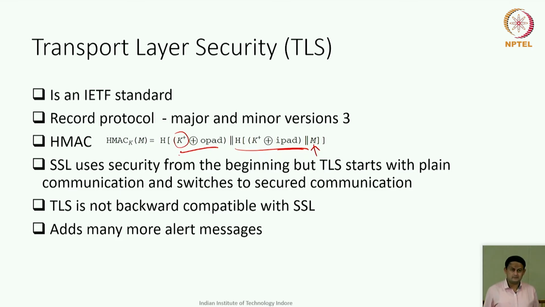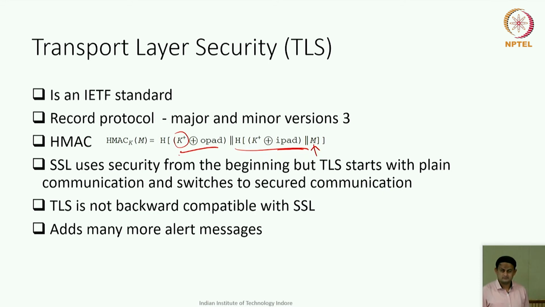TLS is not backward compatible, meaning if you decide to use TLS, and one of the client or the server is operating SSL while the other operates TLS, they cannot converge. So if you have an implementation of TLS, then any client which wants to use SSL, you cannot talk to that kind of client.